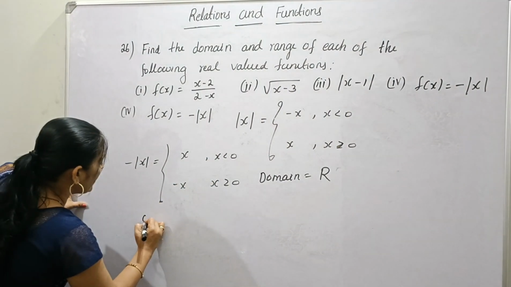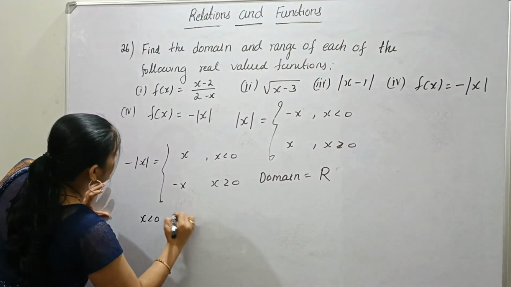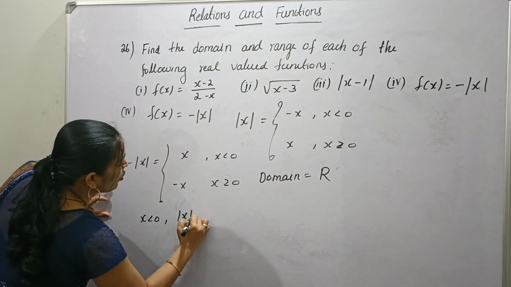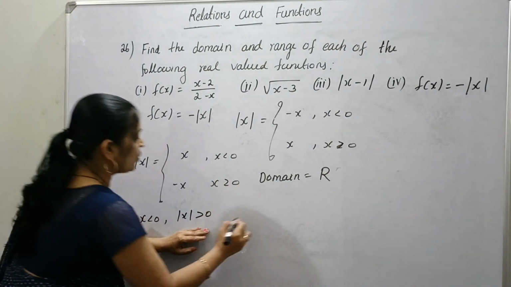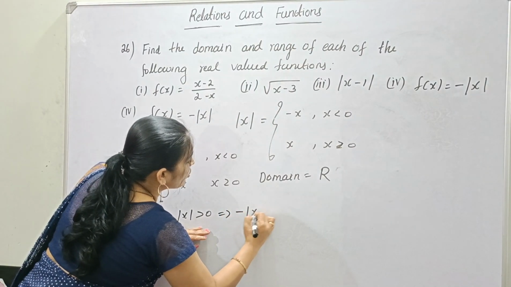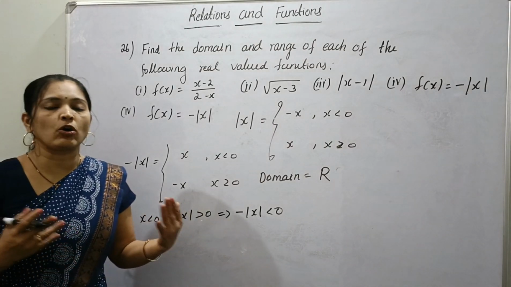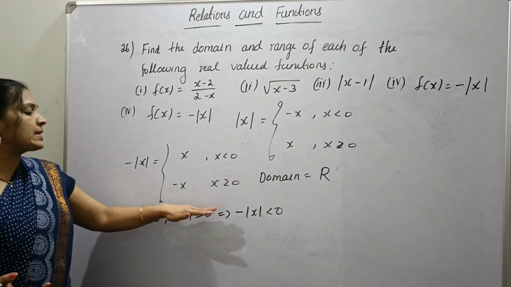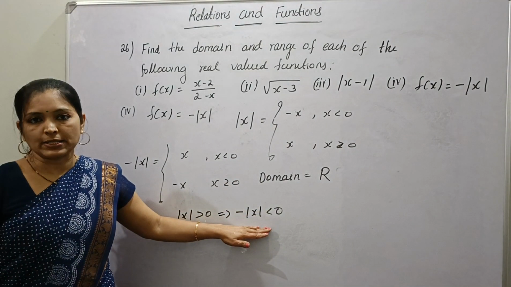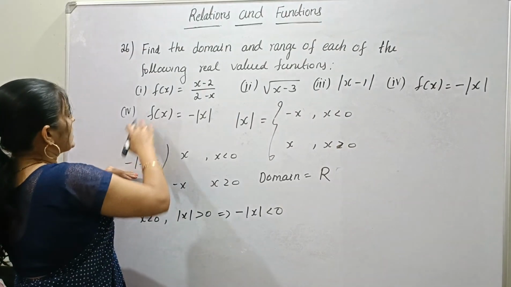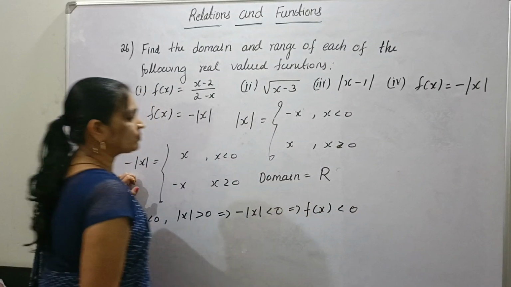Here we know that modulus of any value is always greater than or equal to 0. So when x is less than 0, modulus x is greater than 0, that implies minus modulus x is less than 0, that is f of x is less than 0.